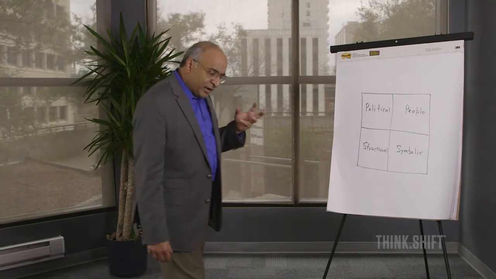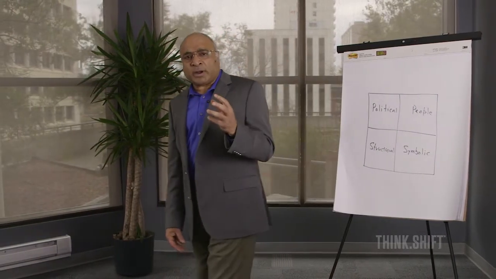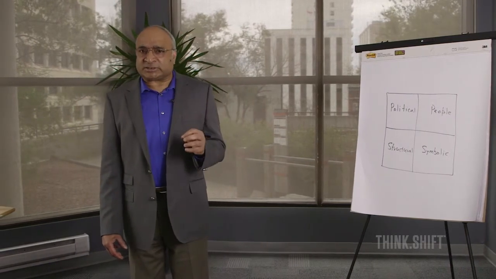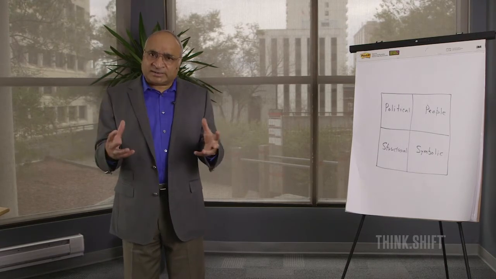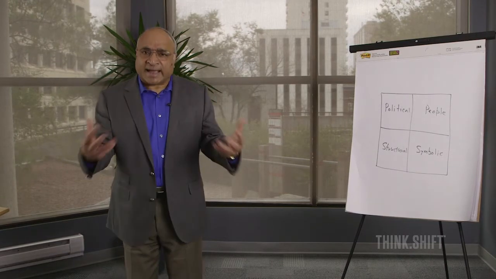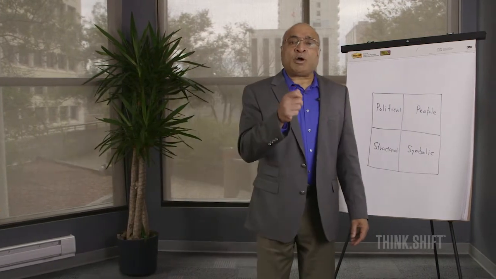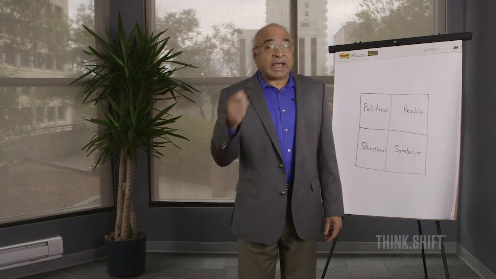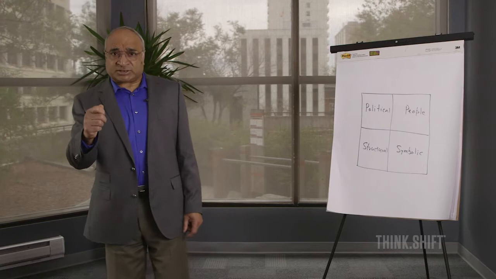A political framework is a style of leadership where you're constantly aware of the affected constituencies. Who are the constituencies that are affected by these actions? And you're constantly asking yourself, how would they respond? How would they object? How would it impact those constituencies? How would they react?